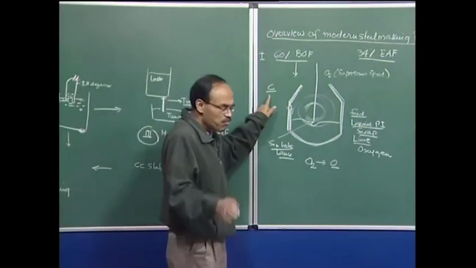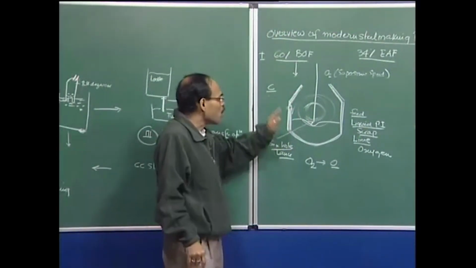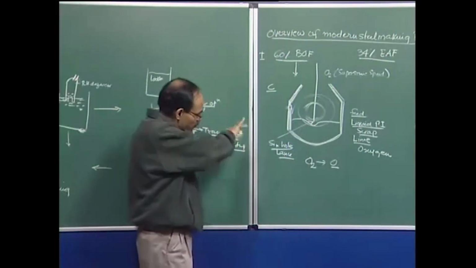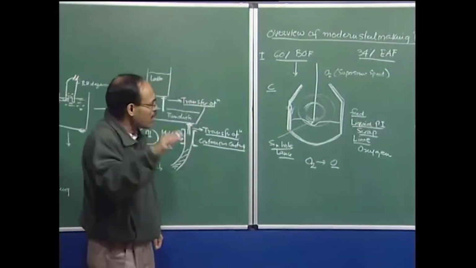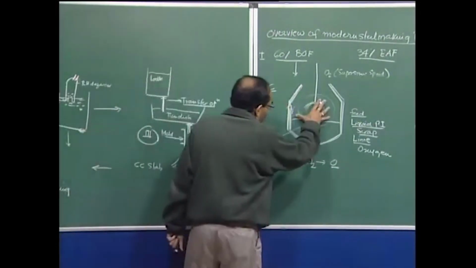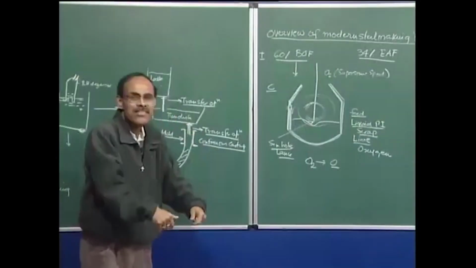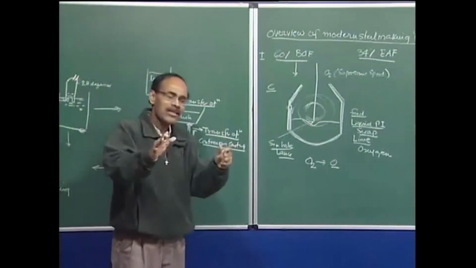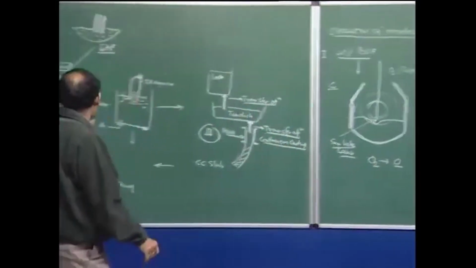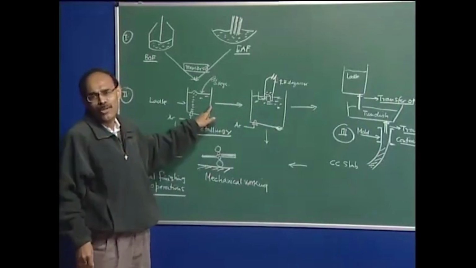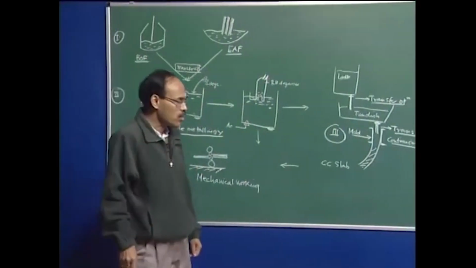Carbon will be eliminated, phosphorus can also be eliminated, but we will not bother too much about the level of oxygen or sulfur. So our major thrust in today's primary steel making vessel is to eliminate carbon. As soon as the carbon is eliminated, we take the steel to secondary metallurgy steel making processes, and there we adjust other compositions, phosphorus, sulfur, and so on.